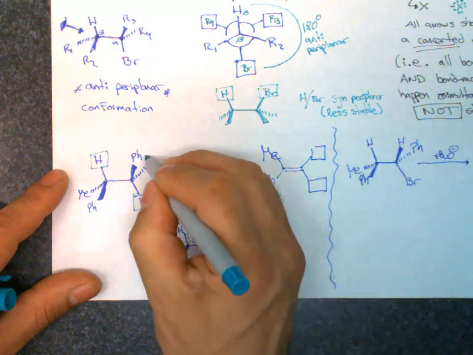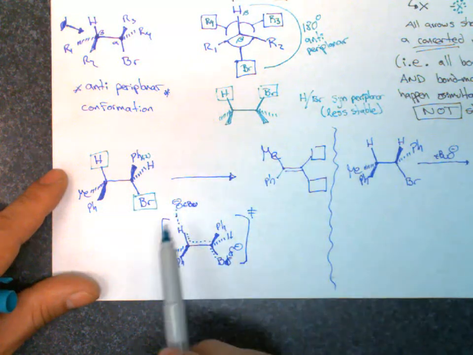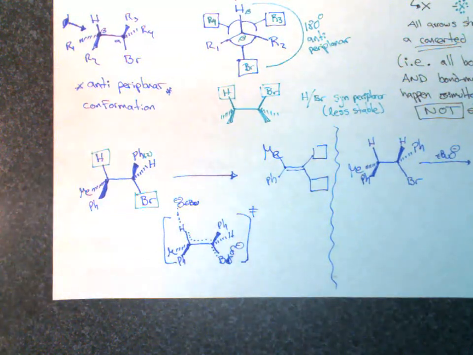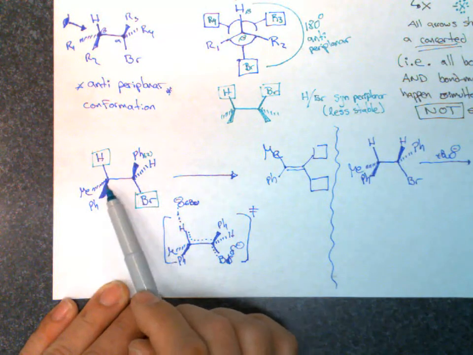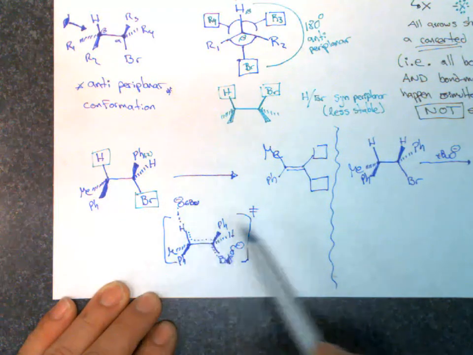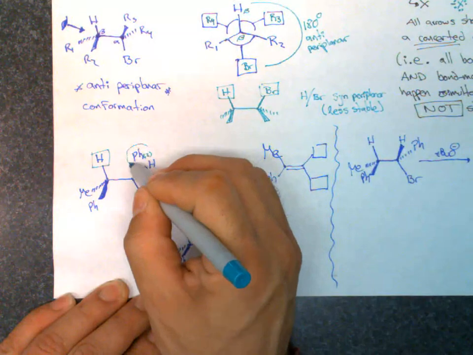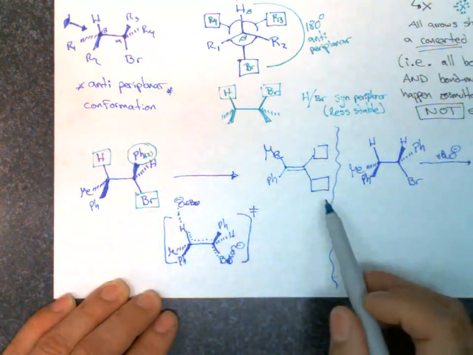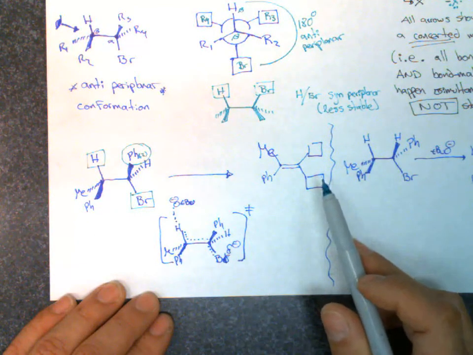And I'm going to call it phenyl 2, just to differentiate it from the other one. Although we don't have to do it in this case because one is attached to a carbon with a hydrogen, another phenyl is attached to a carbon with a methyl. But just so we know what we're talking about, this phenyl group, where should it go in the product? Top? Why?